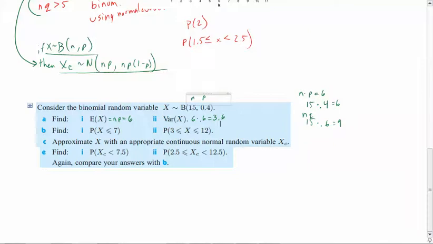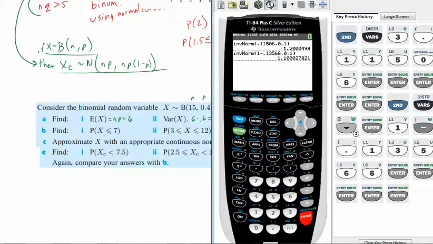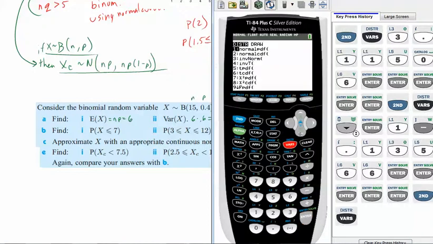All right, now using our calculator, we can find these specific probabilities. So the probability that x will be less than or equal to 7. We're going to go into our distribution, and we will go down to binomcdf, which is letter B there.